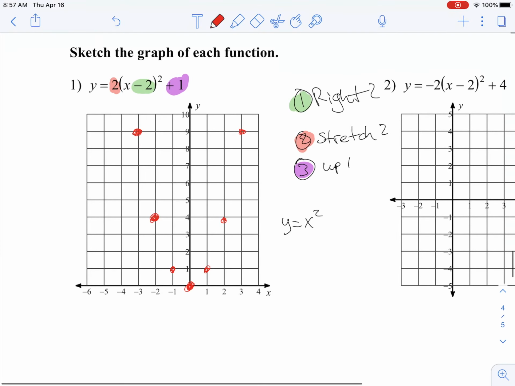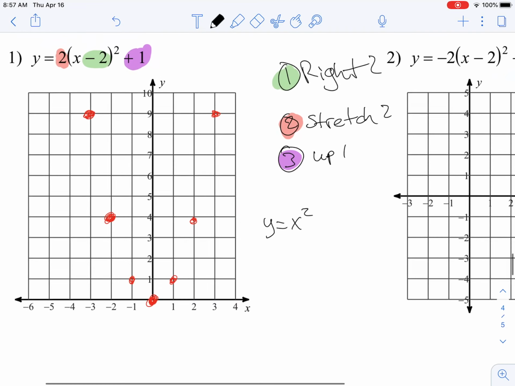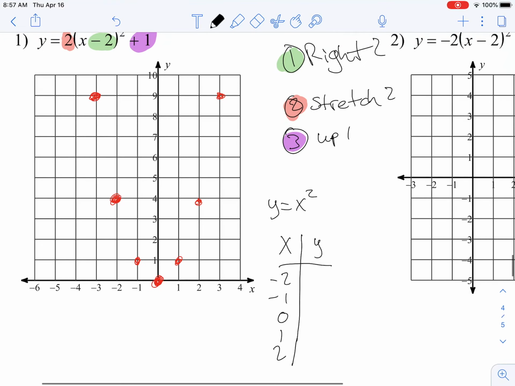If I were to write a table for our parent function, because on our graph it's just a visual representation of our numbers or of what's happening for x and y, I use -2, -1, 0, 1, and 2. In math, these are kind of like our 5 favorite numbers. If I were to plug in a -2 to x, that would mean -2 squared, and it would get us a +4.